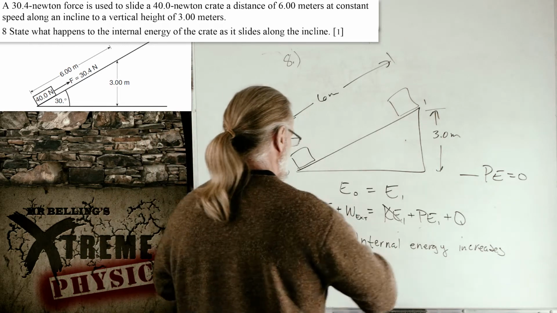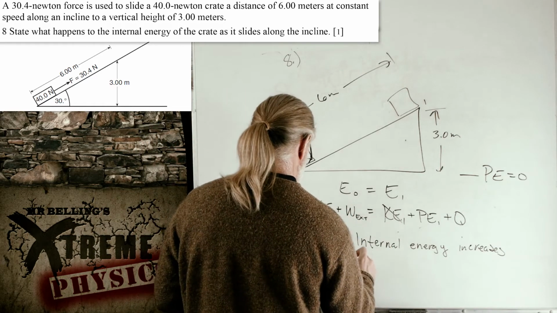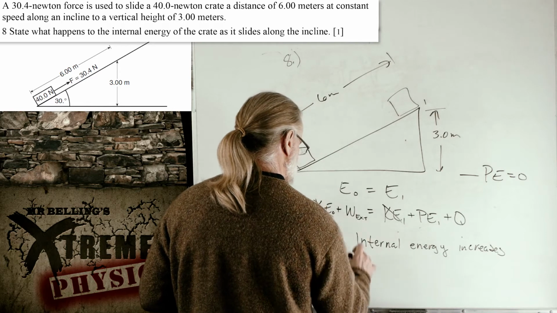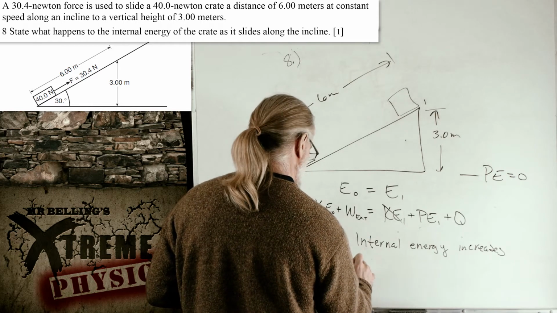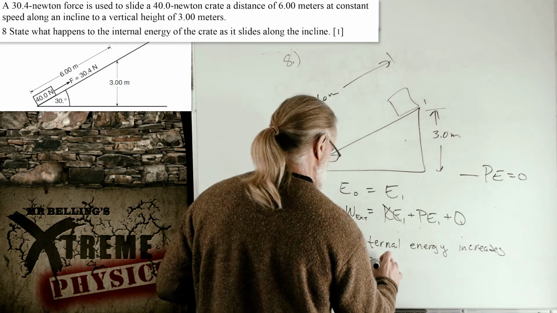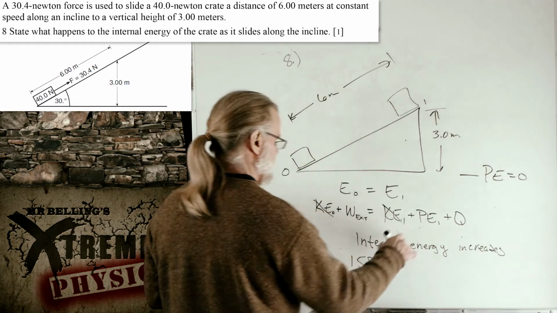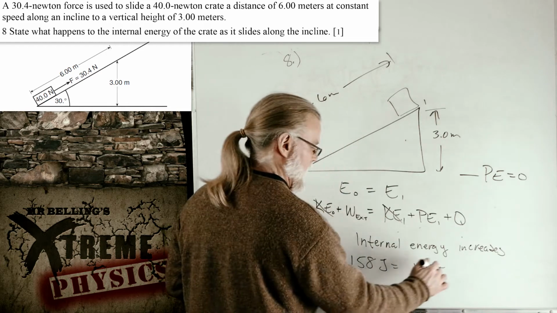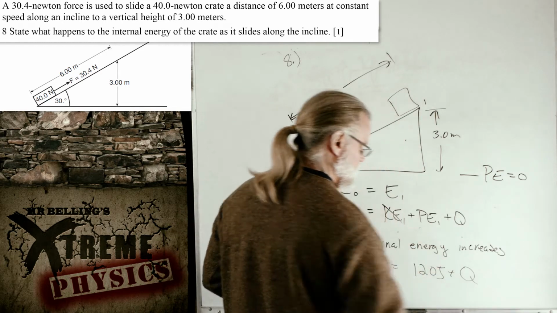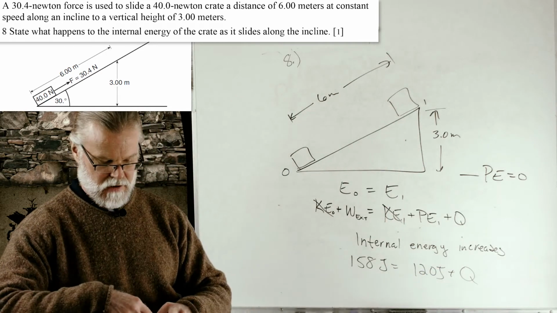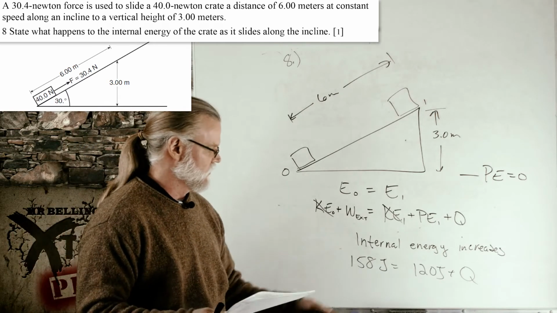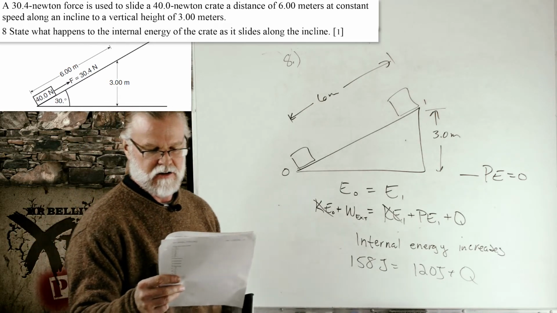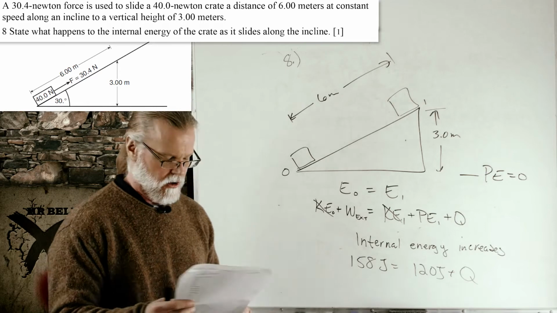In fact, the work you did was 158 joules, compared to the potential energy, which was 120 joules. They don't match because there was internal energy. That was the difference between those, but they didn't ask you to calculate that. That would be easy to do, though.